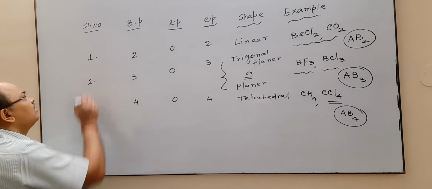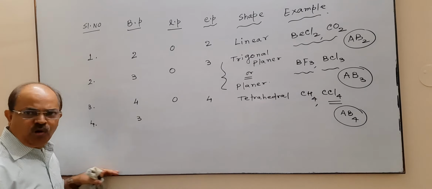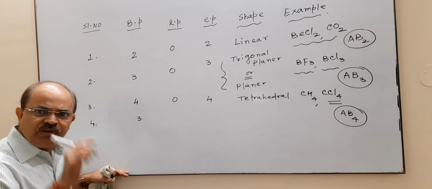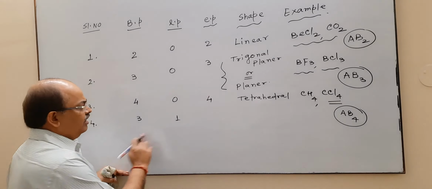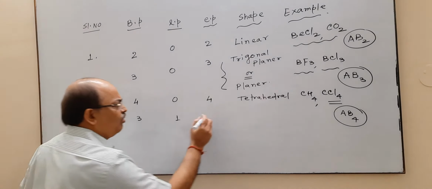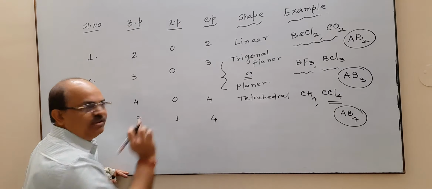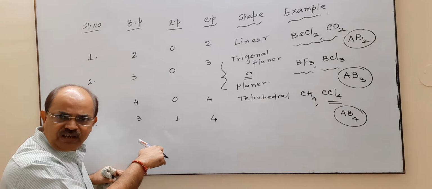For example, that is serial number 4. If we have 3 bond pairs and 1 lone pair, then the sum of bond pair and lone pair is 3 plus 1, 4. So again the electron pair is 4, but there is 1 lone pair.